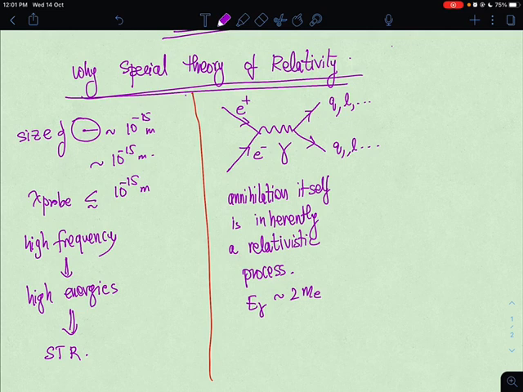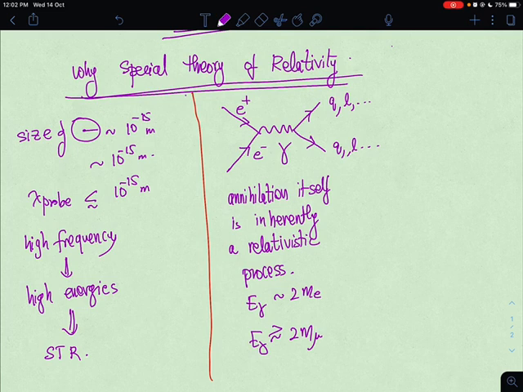Suppose you want to produce muons, so E gamma should be 2 mu at least. Now the muon is roughly 200 times heavier than the electron. So each of these electron and positron should carry energies which are at least 100 times that of their masses.